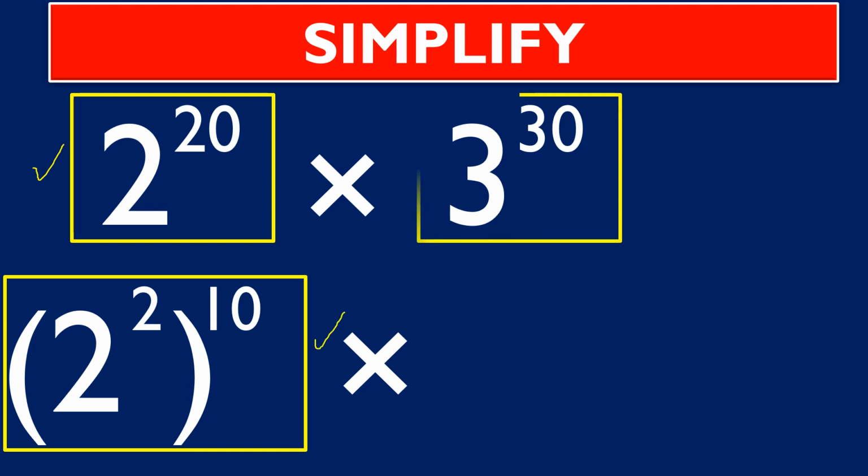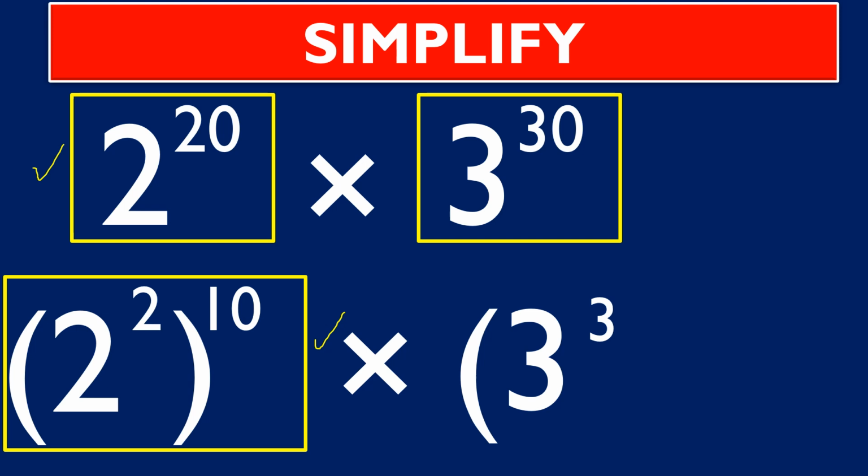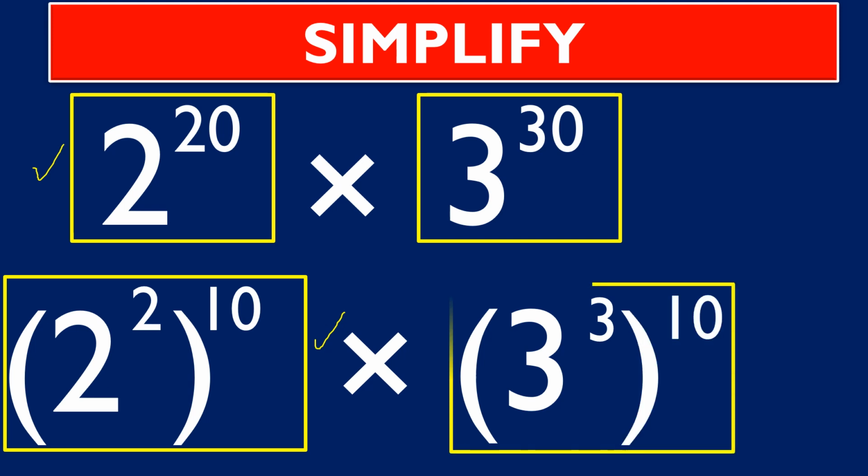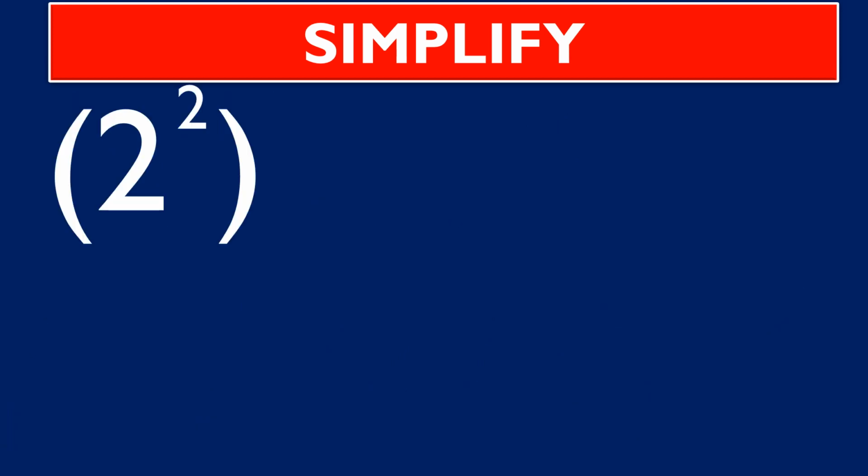Now 3 raised to the power 30 we can also express as 3 raised to the power 3 raised to the power of 10. So we have expressed what we have on top as what we have at the bottom based on the law of indices. Let's simplify further.